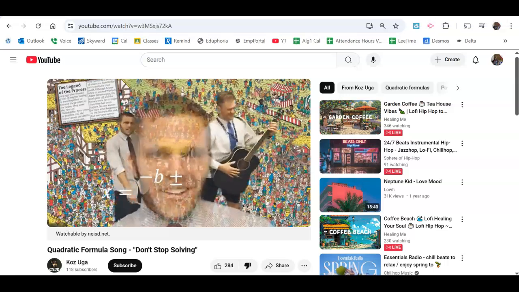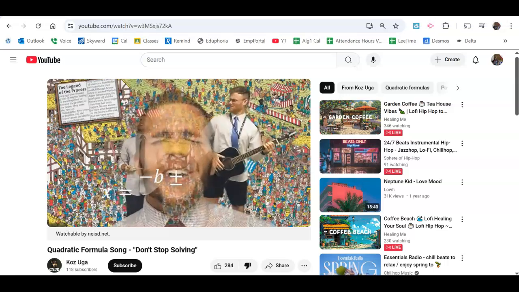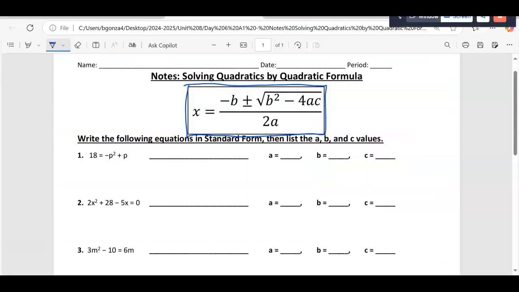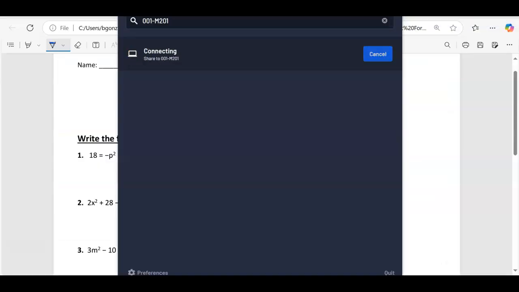Well, it's not working because I can't hear it. Well, that's a bummer. Anyways, they did this quadratic formula song to the Don't Stop Believing, which one we were listening to earlier. But every time I try to hit play, it doesn't work and it freezes up. So I guess we can't do that. No fun allowed in math. All right, let me reconnect this.